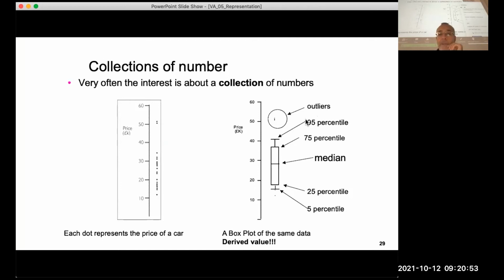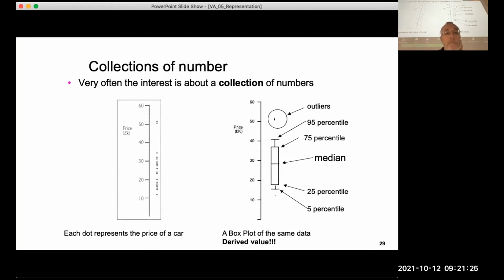Okay, back to the single number. Sometimes you want to see a collection of numbers. You have a single value, like the price of a car, but you don't want to see a single value, you want the distribution of the values. So a collection of numbers. A typical way is to have a scatter plot, a multidimensional scatter plot.